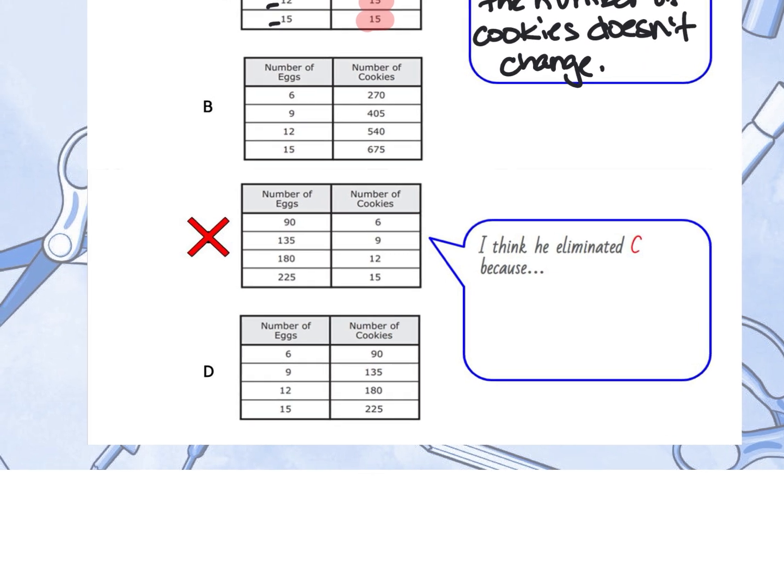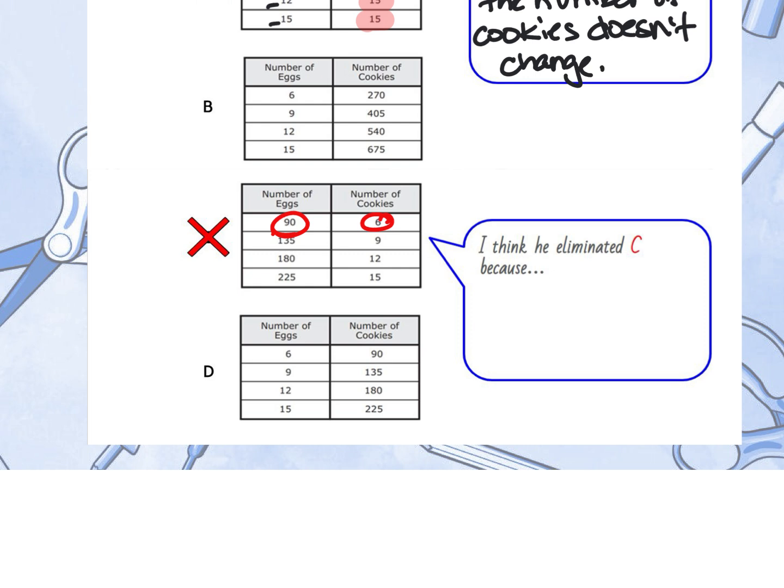Okay, looking at answer choice C, he noticed something on answer choice C. Why do you think he eliminated answer choice C? Good, so he probably noticed that in answer choice C, the number of eggs is way larger than the number of cookies.